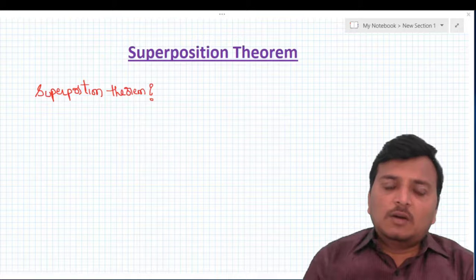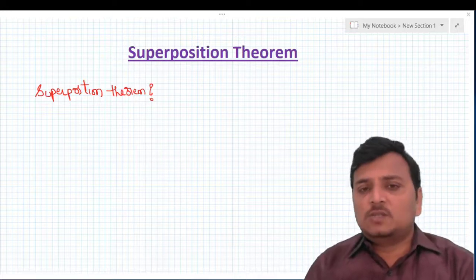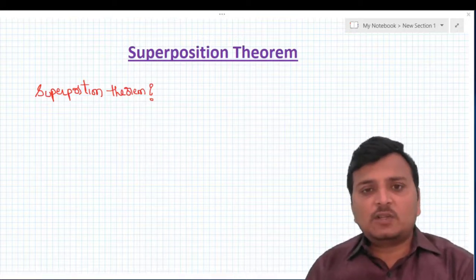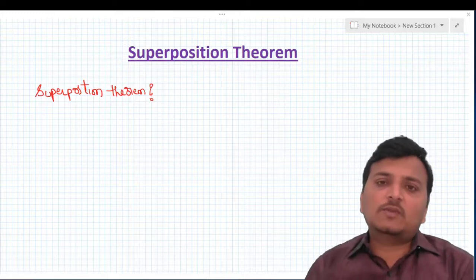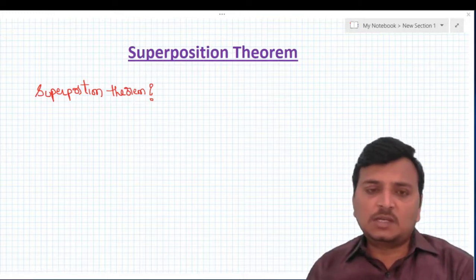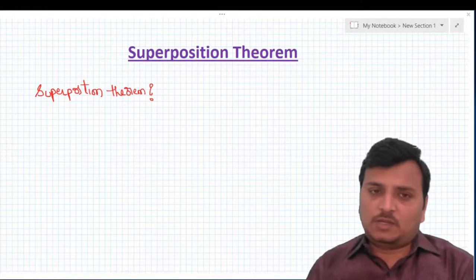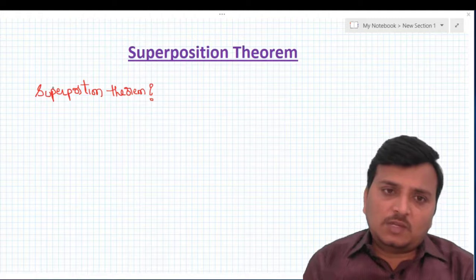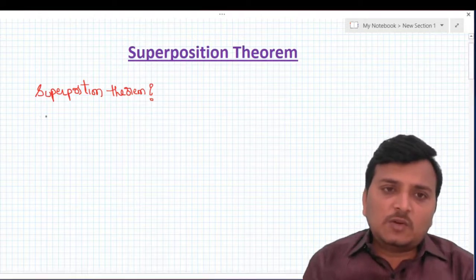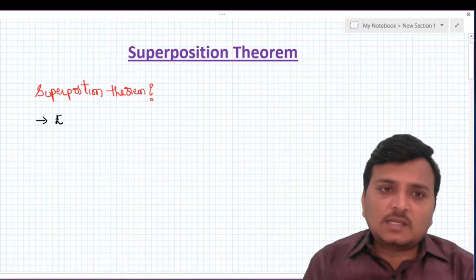Now, first we'll see when we will use this superposition theorem. Here are a few points relevant to the theorem. The first point is when to use it. In general, suppose you are considering any electrical circuit.